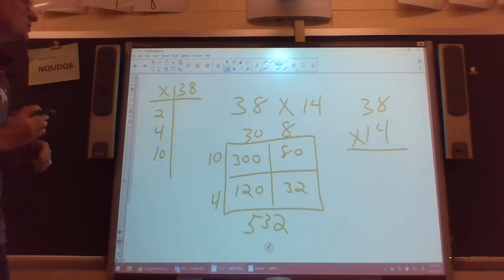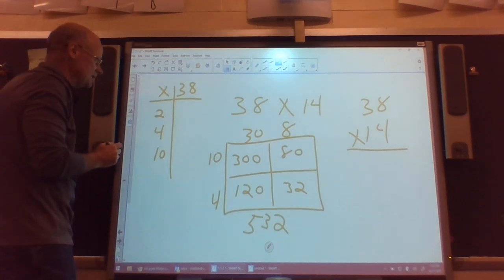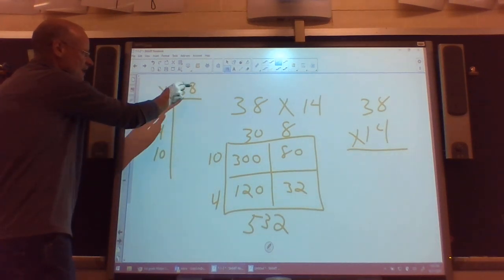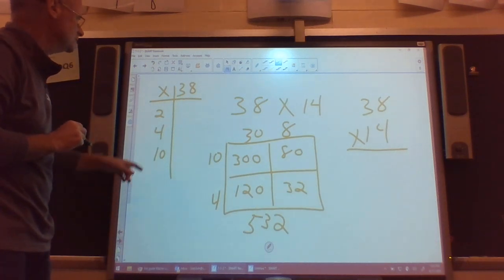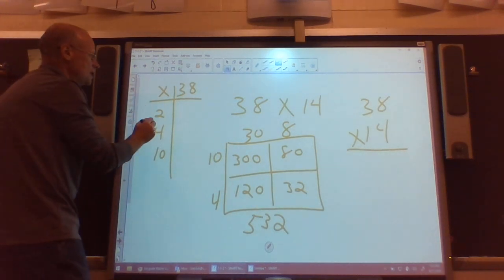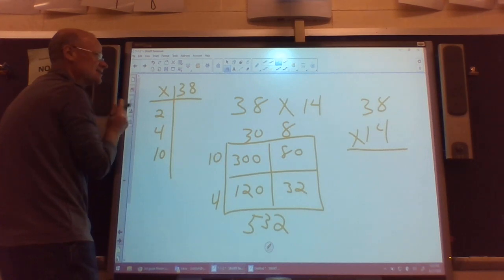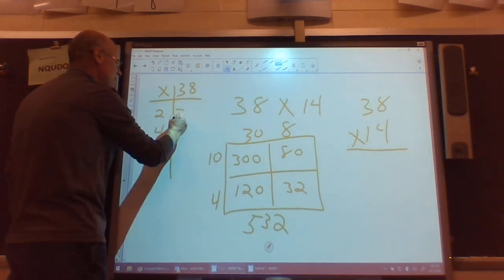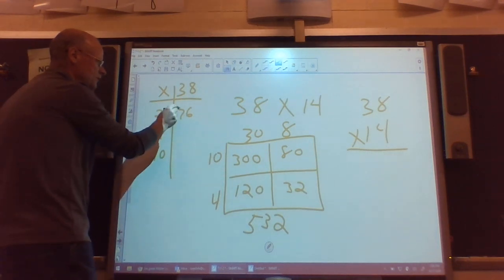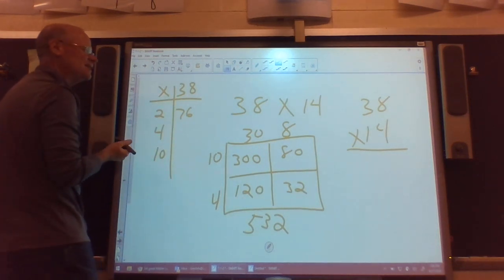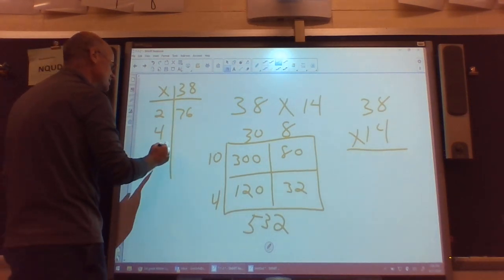Let's try over here. Let's try in the ratio table. I'm going to do a times 38 ratio table, and I have to get 14 times 38. So I'm going to start with 2, and I'm going to double 38. 38 and 38 is 76. I double the 2 to get 4, so I'm going to double 76. 70 and 70 is 140, and 6 and 6 is 12.